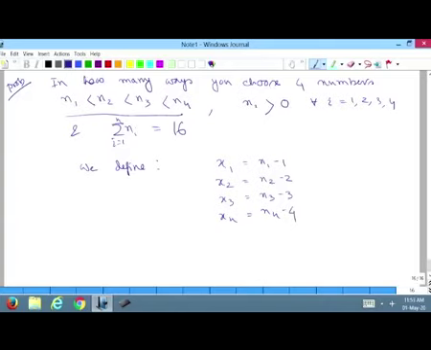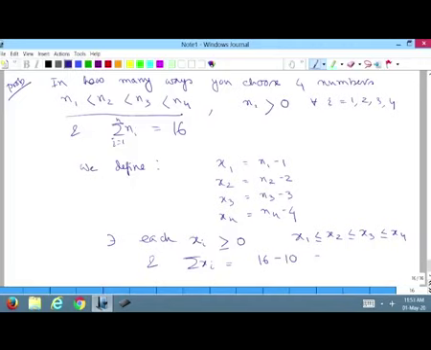Therefore, each x_i is greater than or equal to 0, x1 less than or equal to x2 less than or equal to x3 less than or equal to x4, and the sum of x_i is equal to 16 minus 10, which is 6.